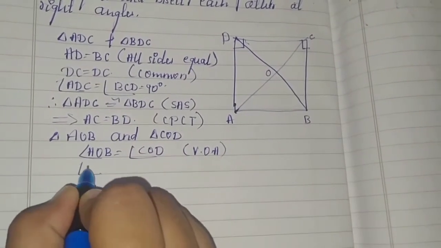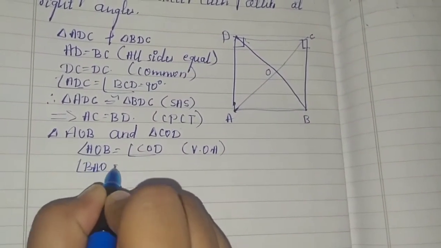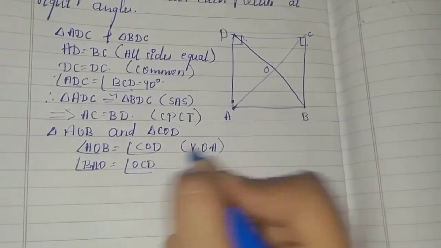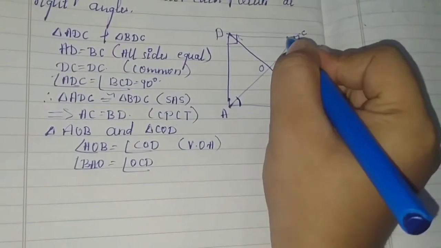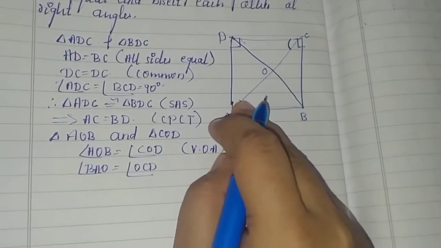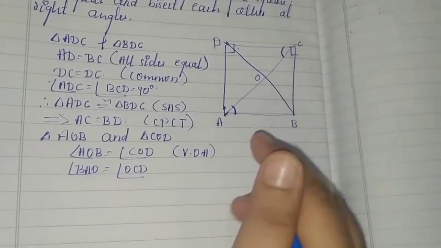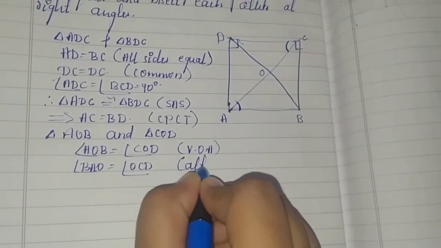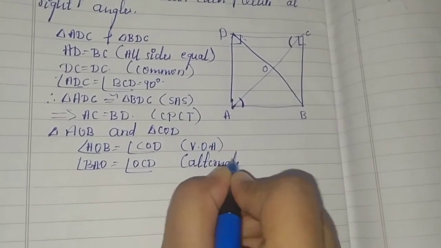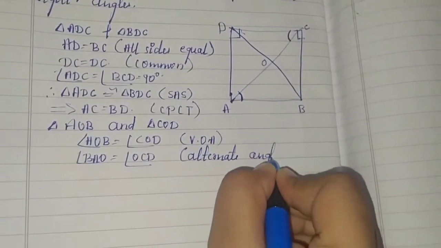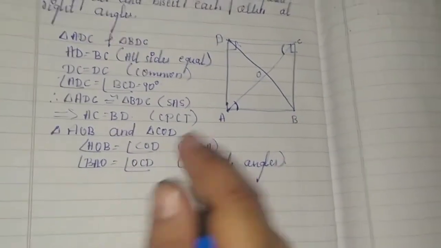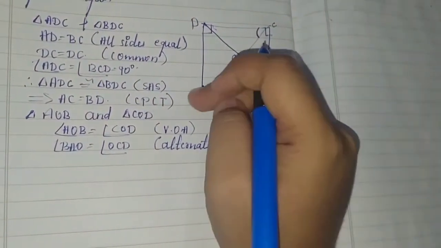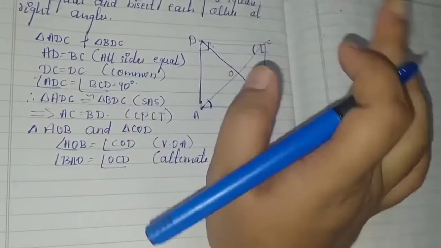So the next thing is what? Angle BAO is equal to angle OCD, because alternate angles. Okay, so you can write here alternate angles. The next thing over here is AB is equal to DC, right?